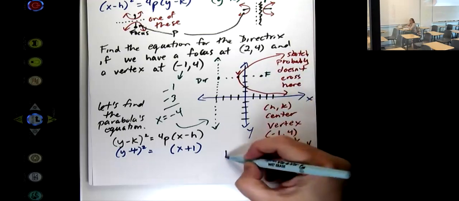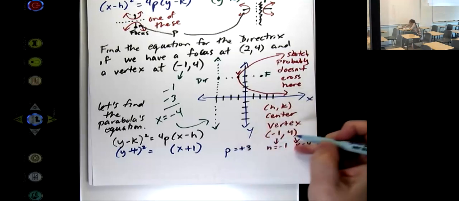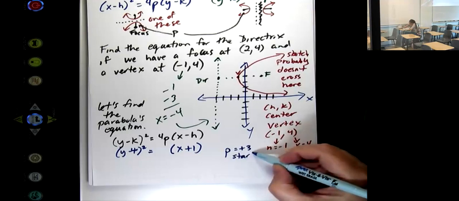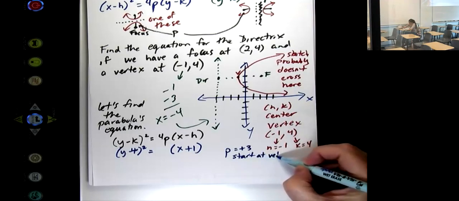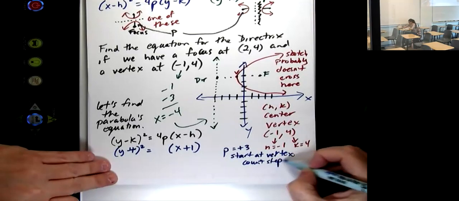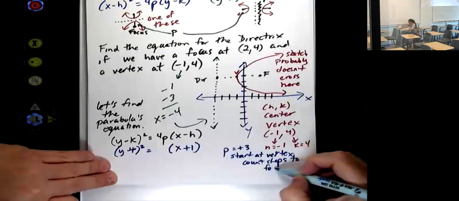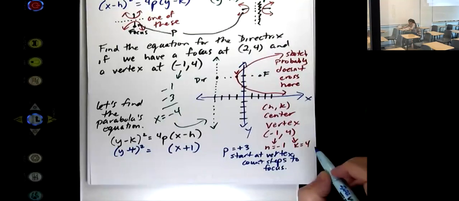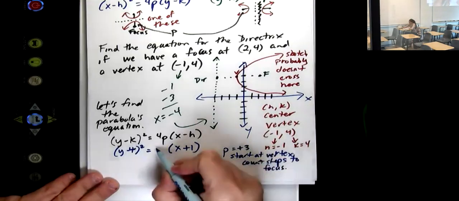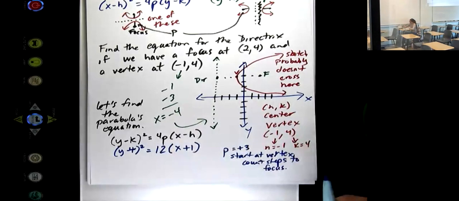So P is a positive 3. Start at vertex and count steps to focus. So P is positive 3 because it's to the right 3. And that means 4 times P is 4 times 3 is 12. So that is an equation for this parabola.